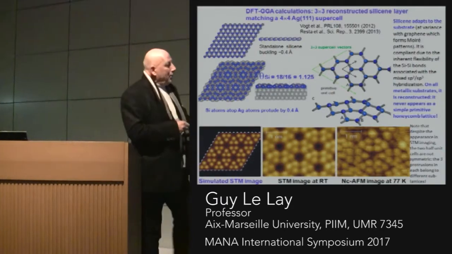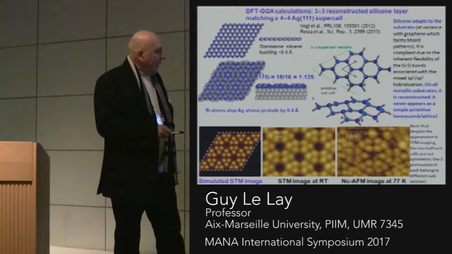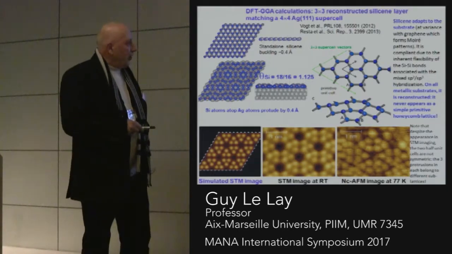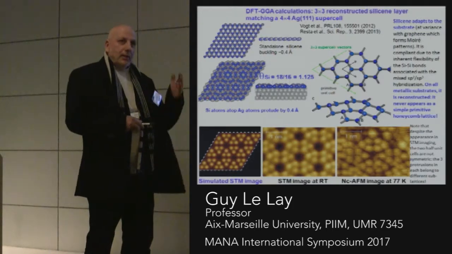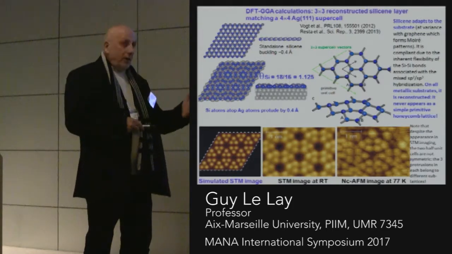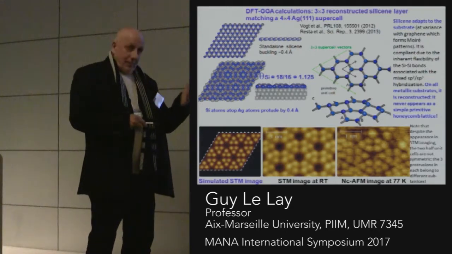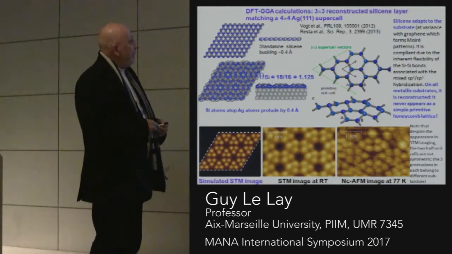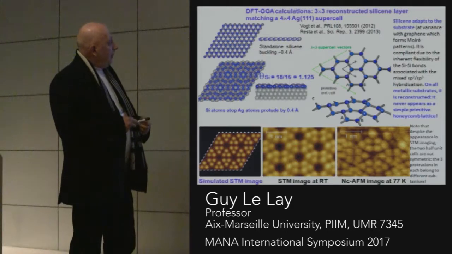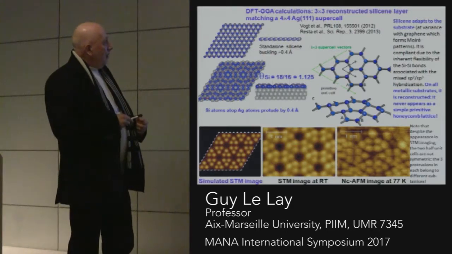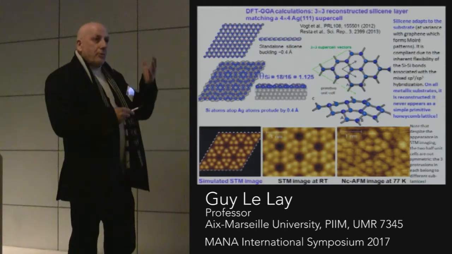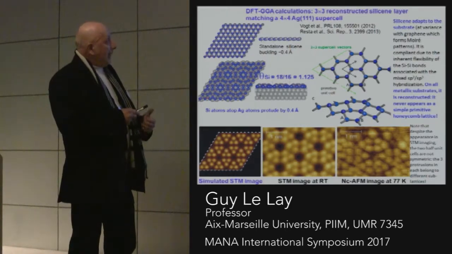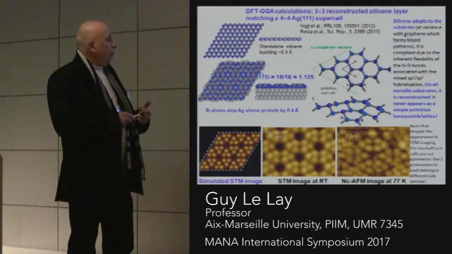This had to be confirmed. First of all, we did non-contact AFM imaging, and we obtained the same flower pattern, meaning that the imaging condition is governed by the geometry, not by electronic effects. We performed DFT calculations, and we found that this fit perfectly with a 3x3 reconstructed silicene layer matching a 4x4 silver 111 supercell.